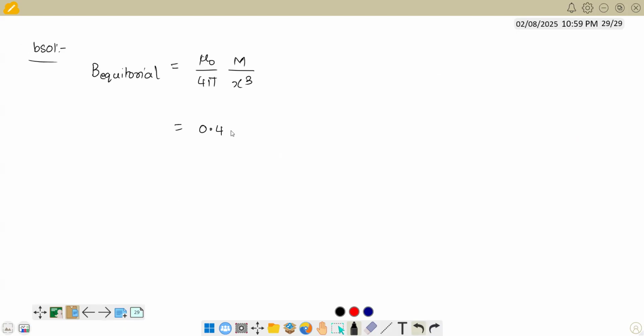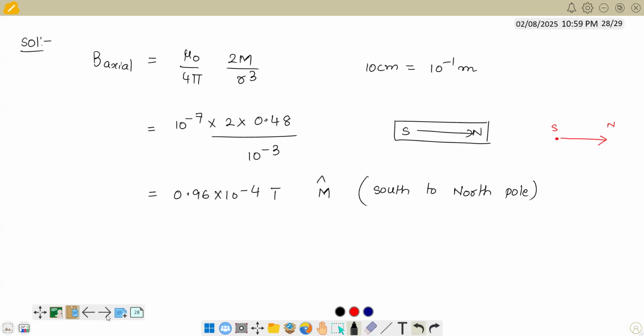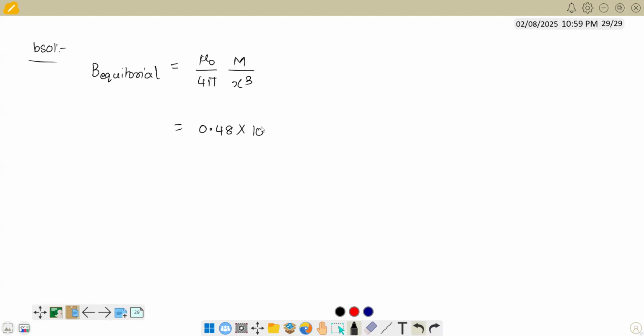It would become 0.48, half of this: 0.48 into 10 power minus 4 Tesla. And one more interesting thing is that 10 power minus 4 Tesla can also be called Gauss. So this is another unit. So it will become 0.48 Gauss also.